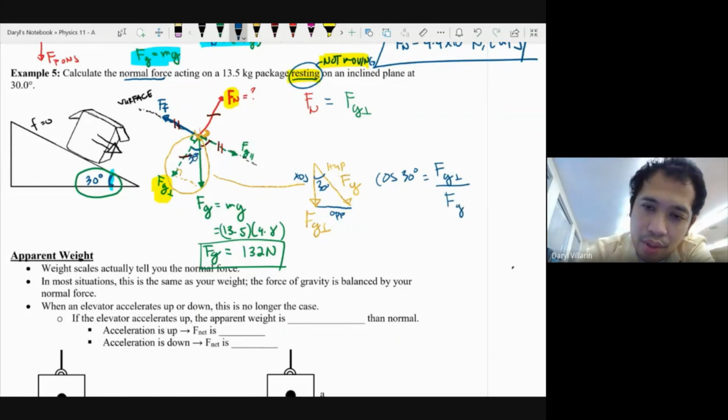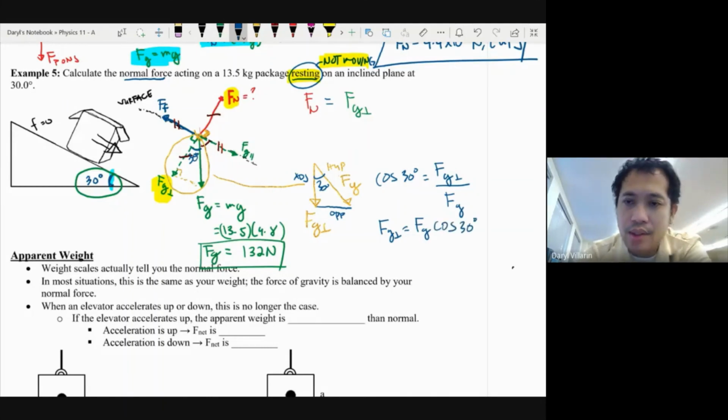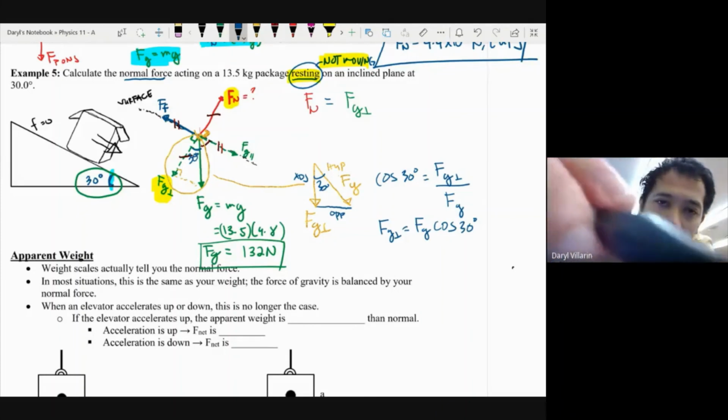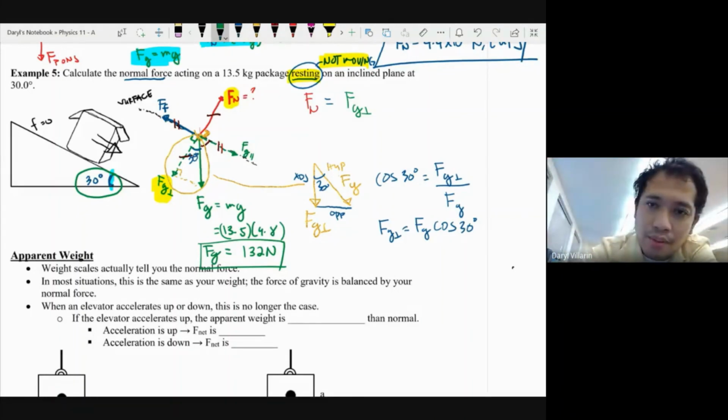Therefore, Fg perpendicular is given by Fg cosine 30 degrees. That means the normal force is equivalent to Fg cosine 30 degrees.